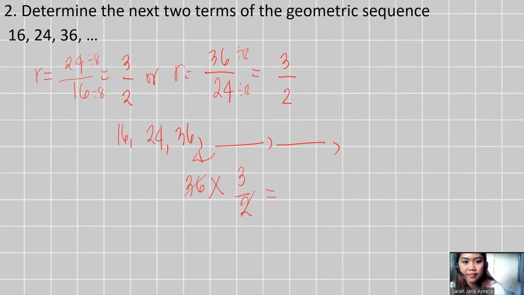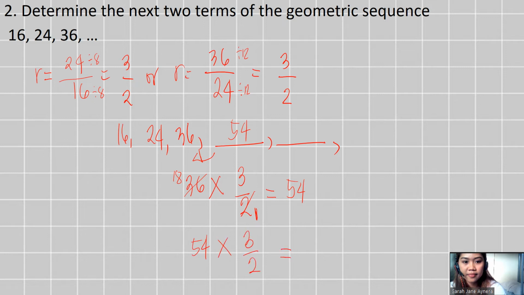We can divide both by 2, so this will become 1, and 36 will become 18. We divide both by 2. So, what remains is 18 times 3, and that is 54.